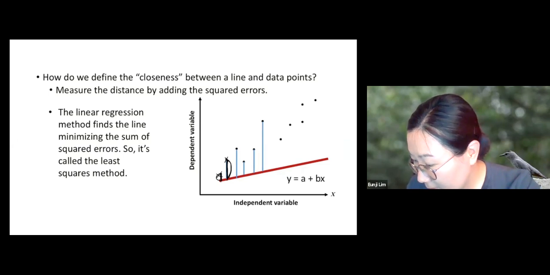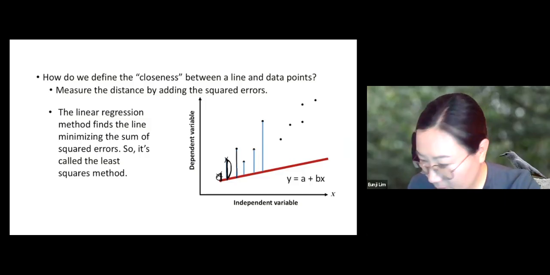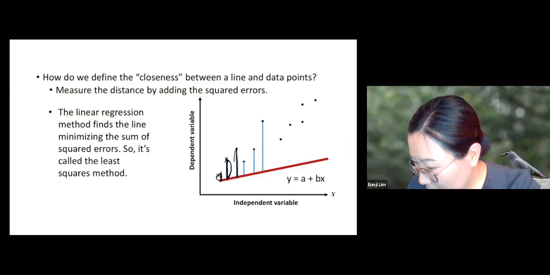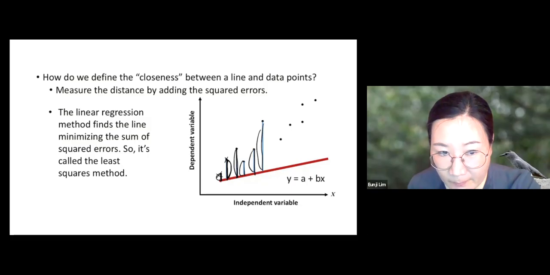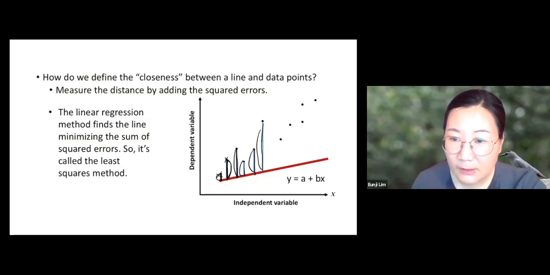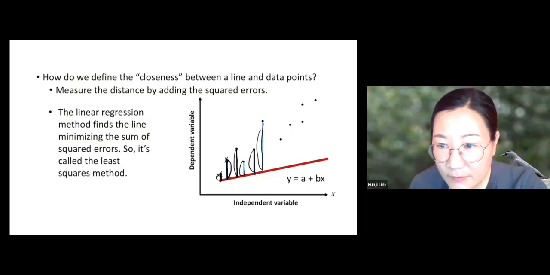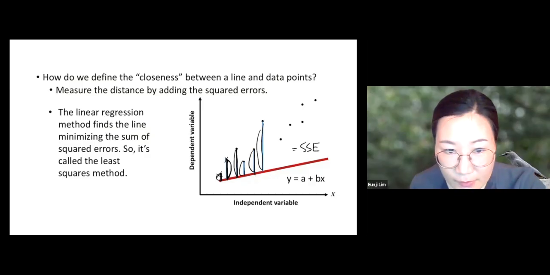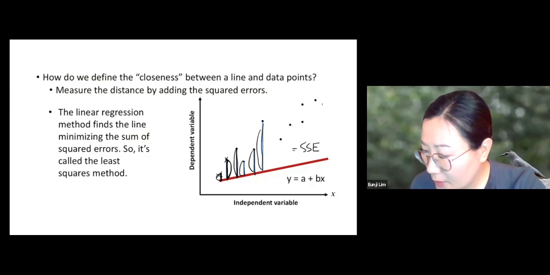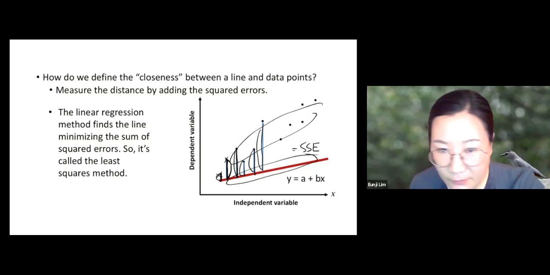You're going to repeat this for the rest of the data points. Measure the distance, square it, measure the distance, square it. And then we're going to add them up. And that's called the sum of squared errors. And this measures the distance between the data points and a straight line.